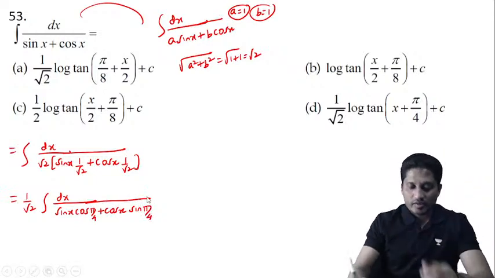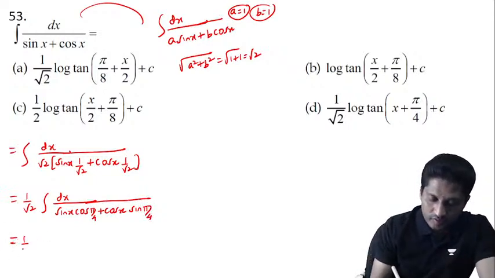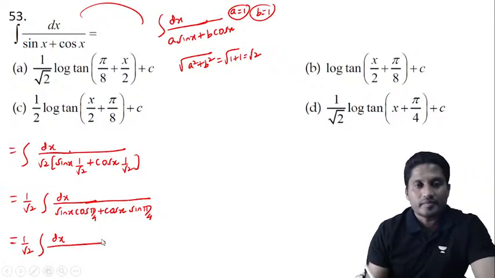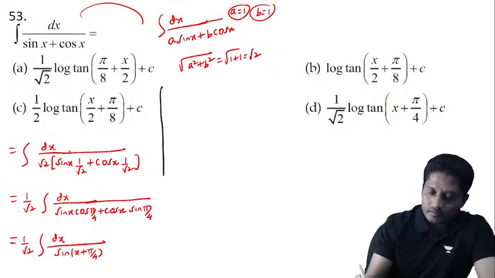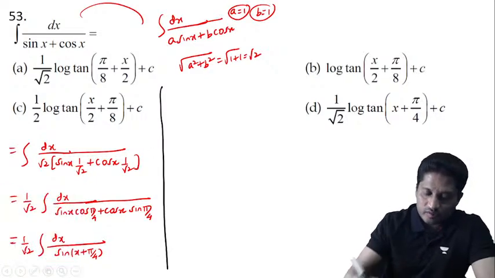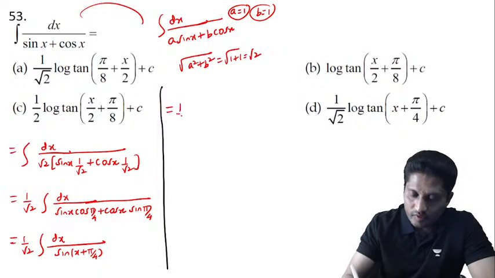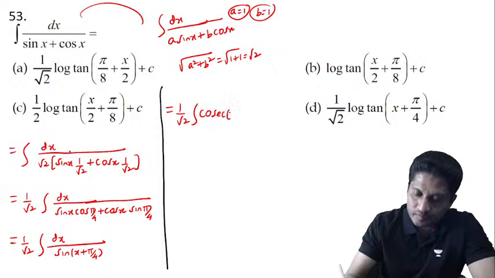Now this is equal to 1 upon root 2 integration dx divided by sin a cos b plus cos a sin b, which is sin of a plus b, that is equal to x plus pi by 4. Now 1 by sin is cosec. This is equal to 1 by root 2, and you get cosec of x plus pi by 4 dx.